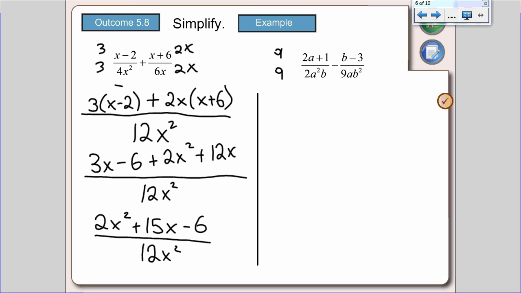How am I going to get 9 to become 18? 2. How am I going to get a to become a squared? So 2a. How am I going to get b squared to become b squared? Don't do anything. It's already b squared. I'm going to write it out the same way I wrote the other one out. So 9b times 2a plus 1 minus 2a times b minus 3.